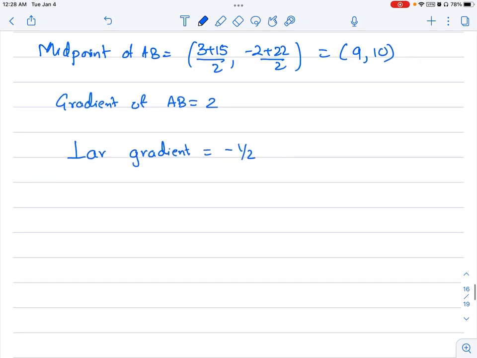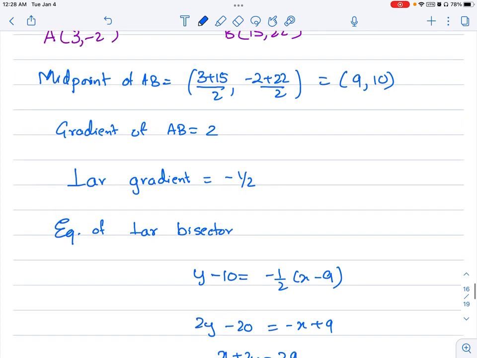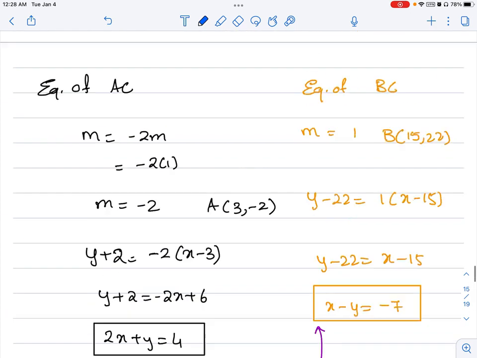So the equation of that perpendicular bisector will be, again, y minus y1 is equal to m times x minus x1. So which is 2y minus 20 is equal to minus x plus 9. So x plus 2y is equal to 29. Now what does he say?